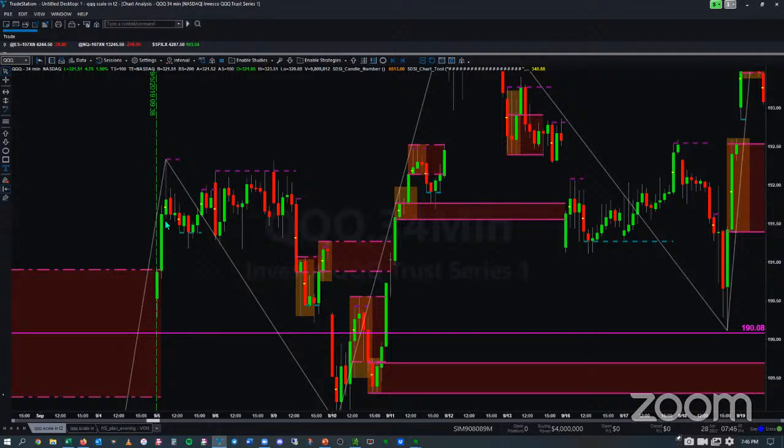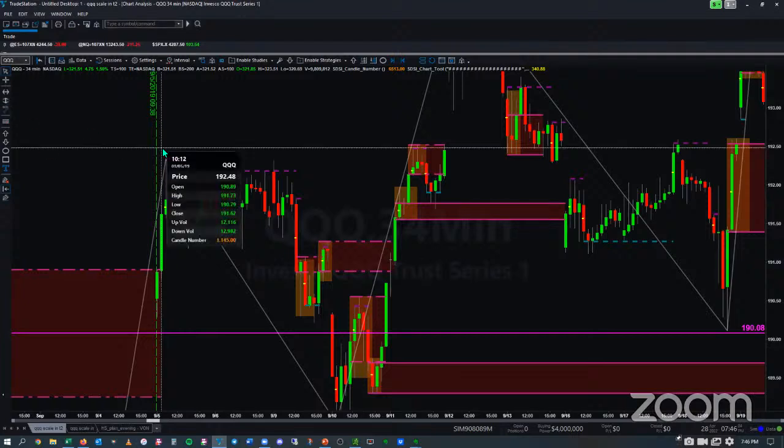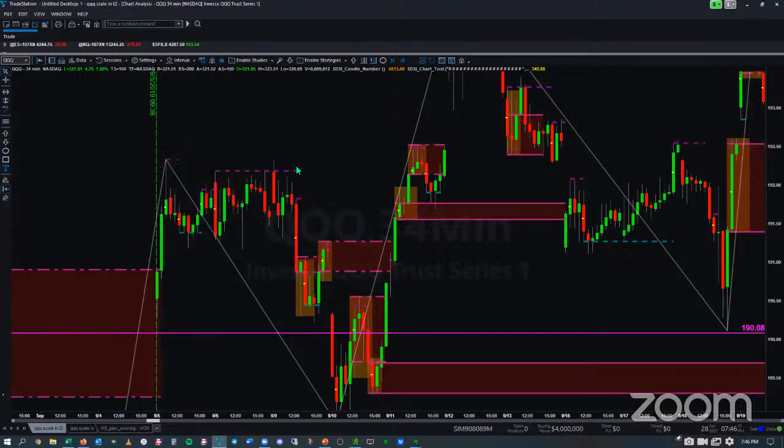So let's look at if you have a base break lower, again, putting your stop above here. You've got a high of 191.73, and this would eventually have gotten stopped out right here. So the base would not have worked in this scenario either.